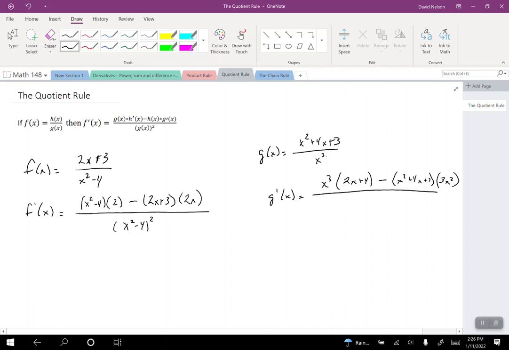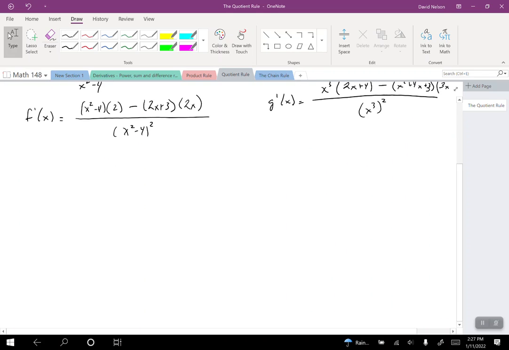And I'm just going to use the power rule, bring the 3 down, lower the power by 1, so 3x squared. And then that's all over the bottom function squared, so 3x squared, quantity squared there. Again, you can leave your answer just like that most of the time. You don't have to simplify at all.